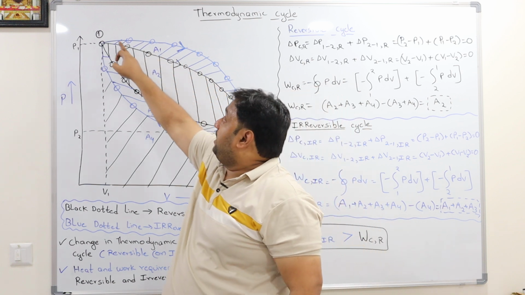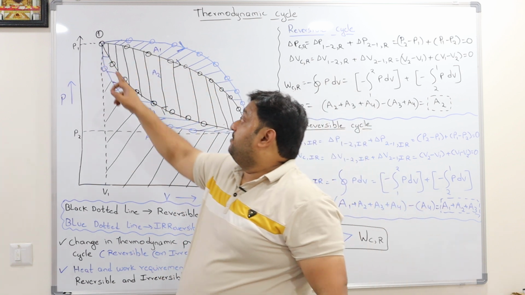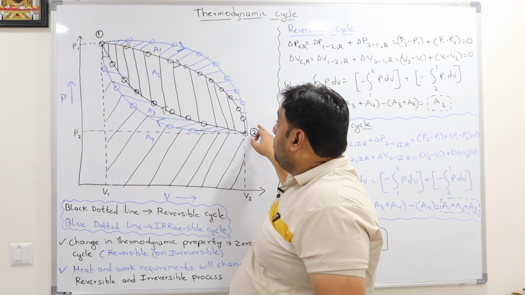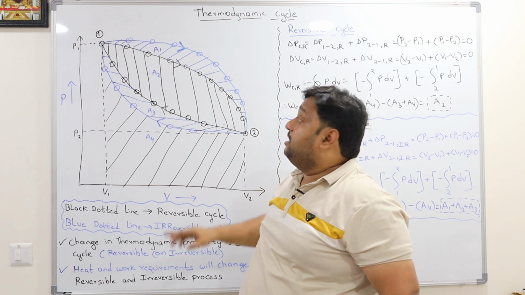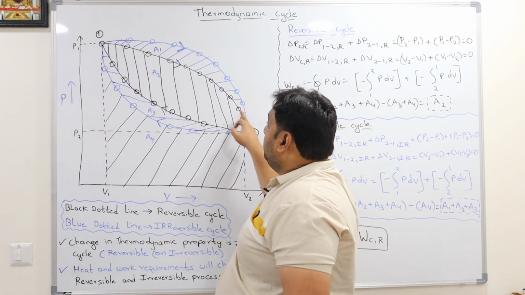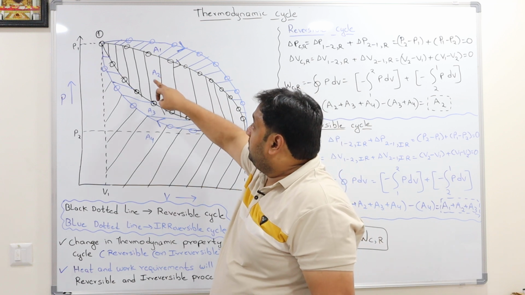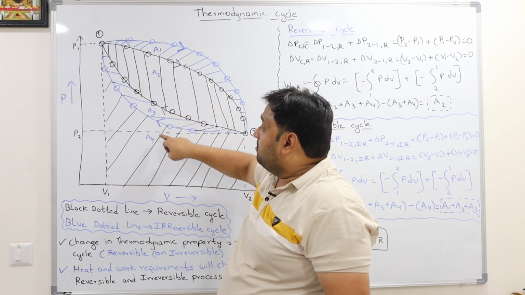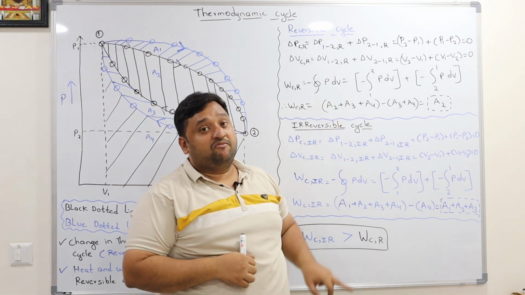Take only this black line, because I am calculating for the reversible cycle. For this path from 1 to 2, the work is the area under this entire curve, that is A2 plus A3 plus A4.